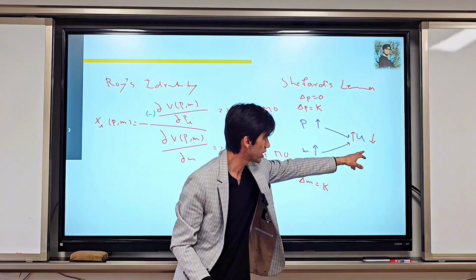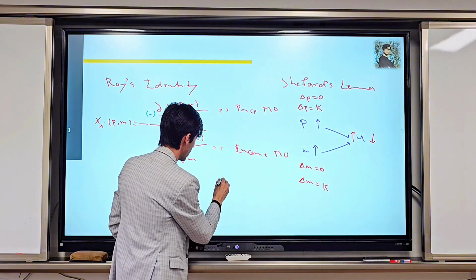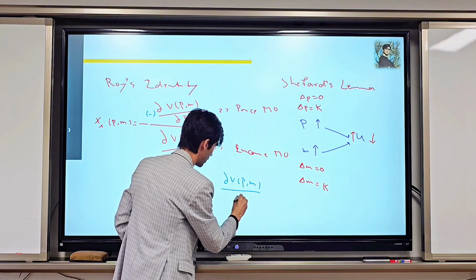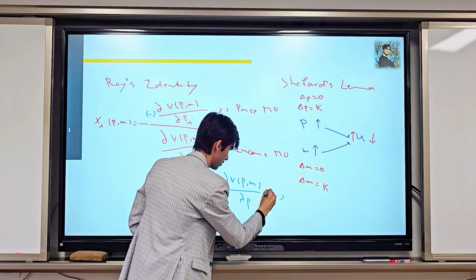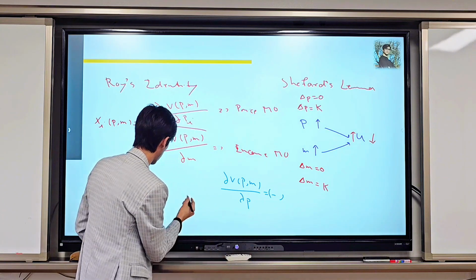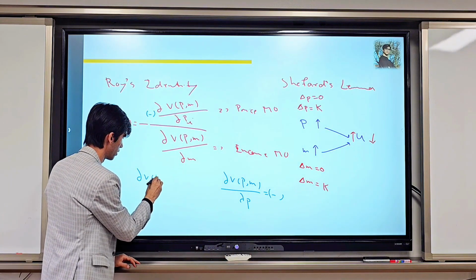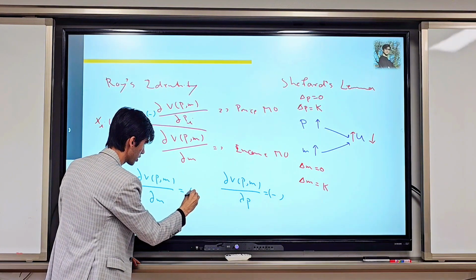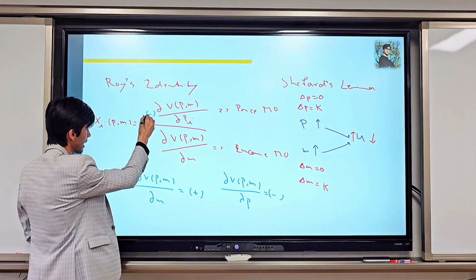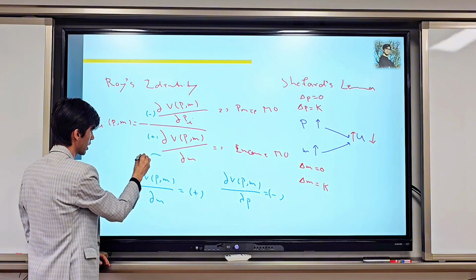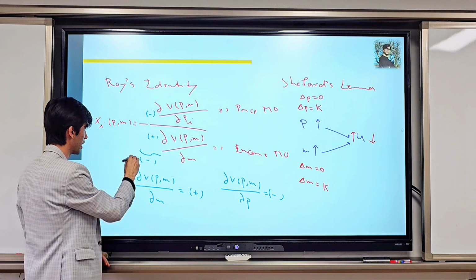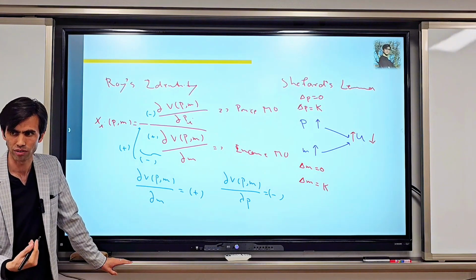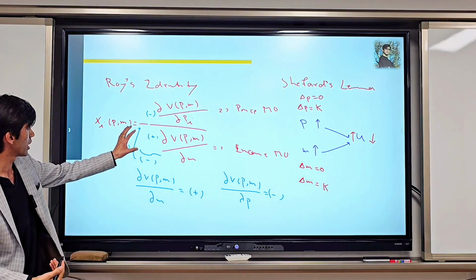As price increases, utility decreases, so the partial derivative of utility with respect to price is negative, while the partial derivative of utility with respect to income is positive. Then negative divided by positive, what will be the result? Negative. Then you need another negative to make it positive, to have a positive or at least 0 amount of consumption. So this is called Roy's identity.